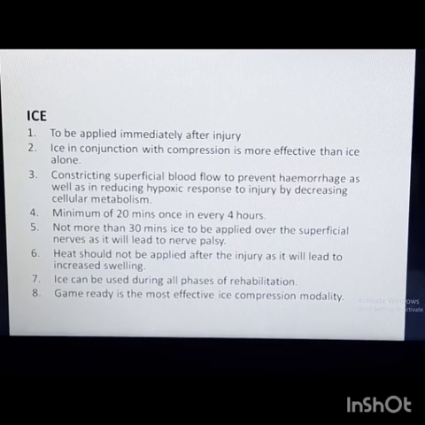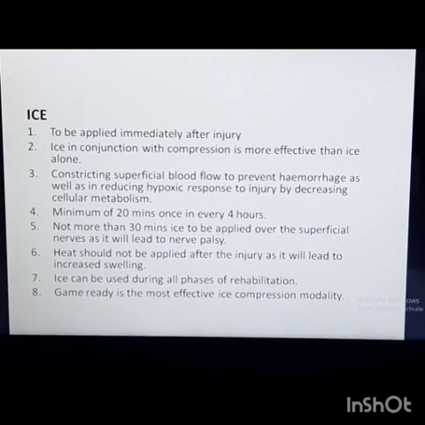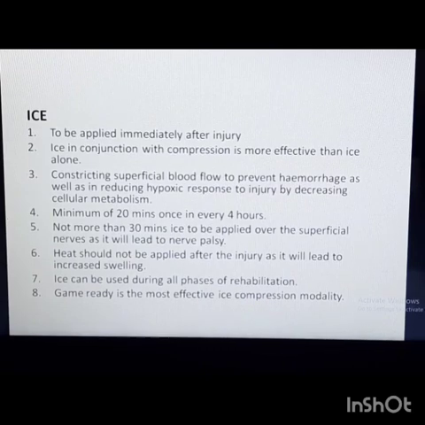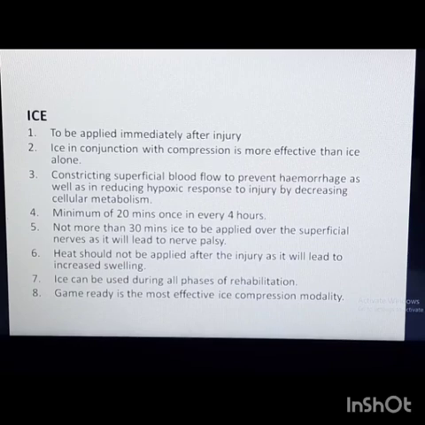Heat should not be applied after the injury, as it leads to increased swelling. Heat should not be applied. I am mentioning this point because I have personally seen that after most injuries, heat is applied. I have even seen a wax bath being applied after an ankle sprain.